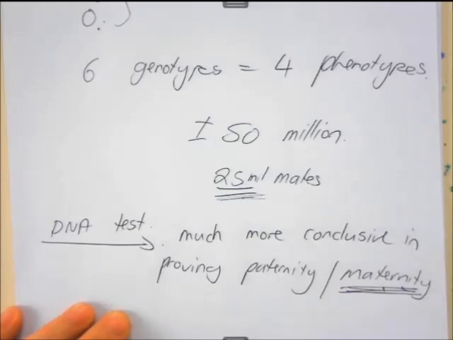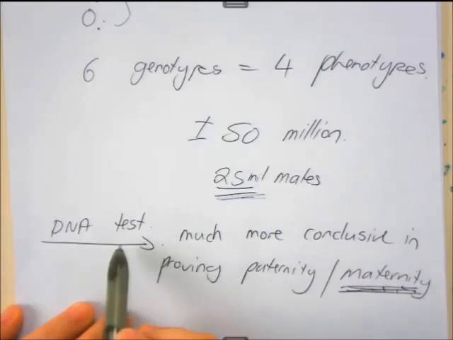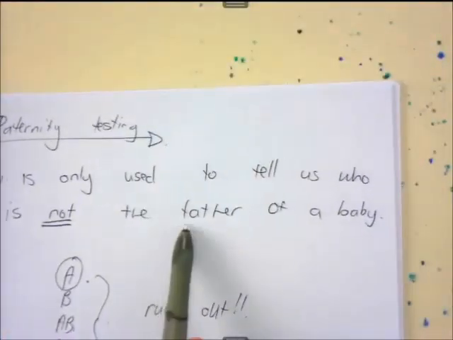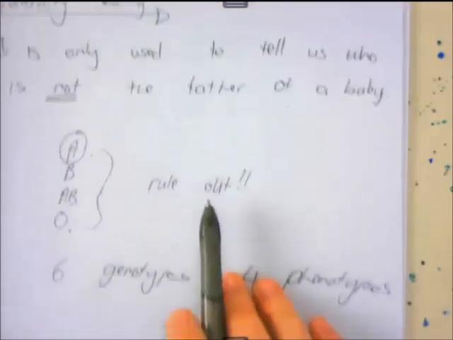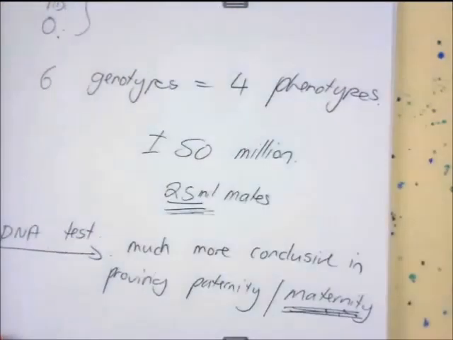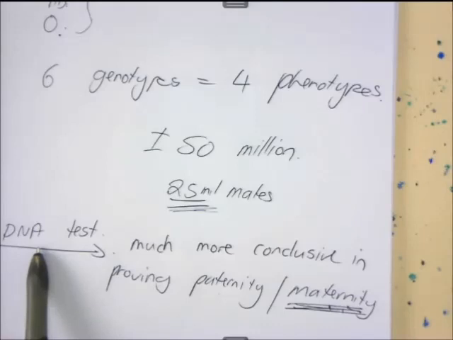Then you might not have any DNA immediately to use. You might not have a mom that just says, yeah, that's my child. If a child's been kidnapped, then you're going to possibly have to prove paternity and maternity. So when looking at paternity, it is not enough to only use blood typing. You are going to have to use something else to prove who is the father of a child. You're going to have to rely on a DNA test.